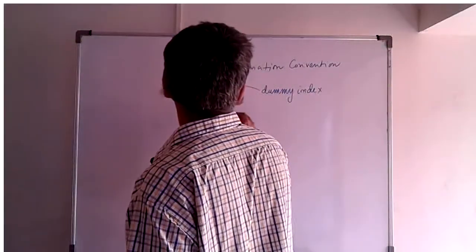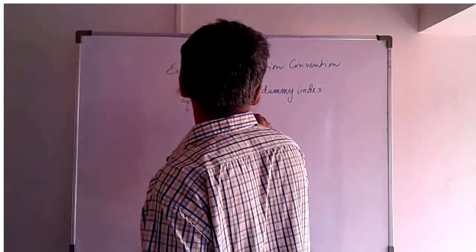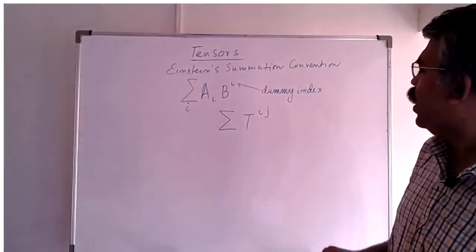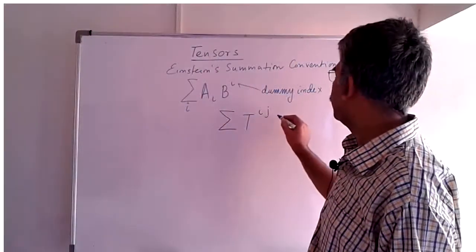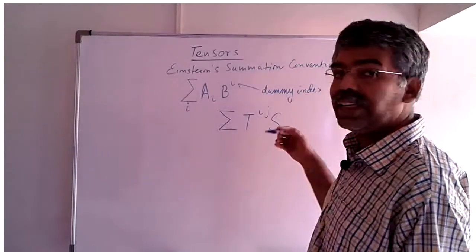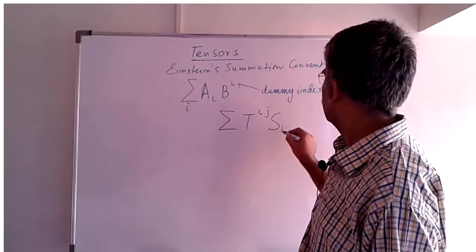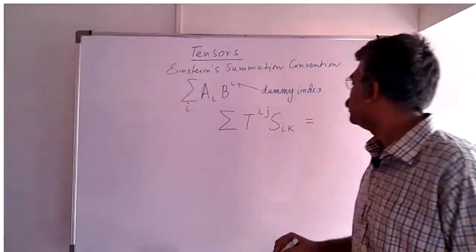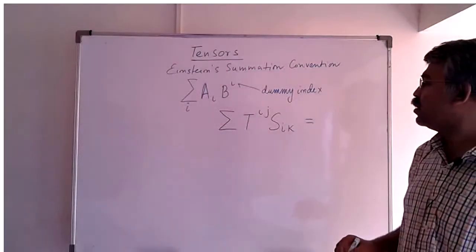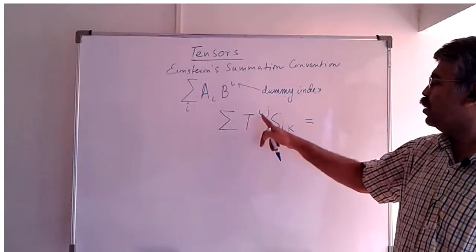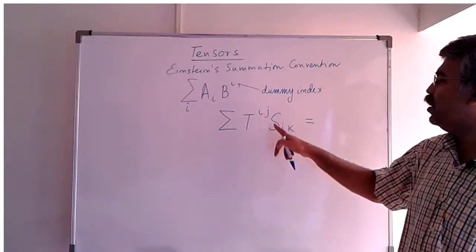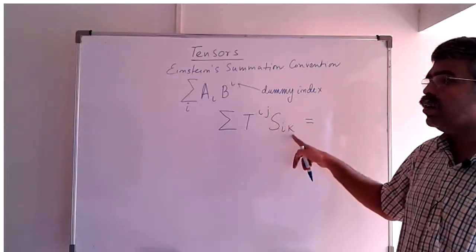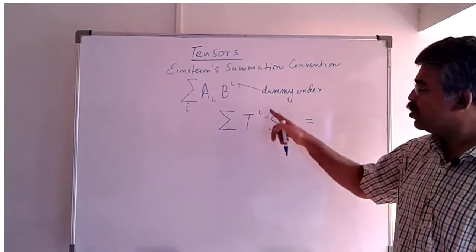Now if you have something like this, suppose this is a tensor T^ij, and you sum this with a tensor of A_ik, what will be the resultant tensor? See here, the dummy index is i, and j and k are free indices, there is no sum.